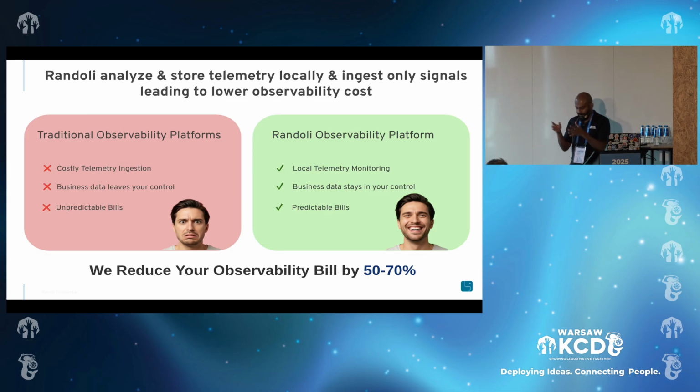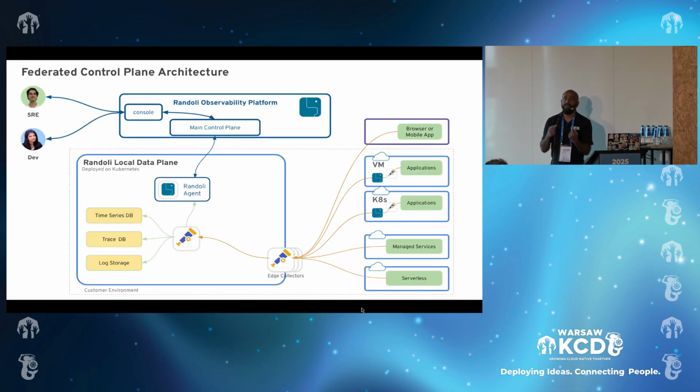The traditional observability vendors will ingest all your telemetry into their platform and provide observability. And what Randoli went down was to process, analyze, and store the telemetry locally and only ingest the signals. So what that meant was we had to think about how to increase the quality of the signals and how to extract the relevant pieces and not ingest all the, otherwise we'll be ingesting noise.